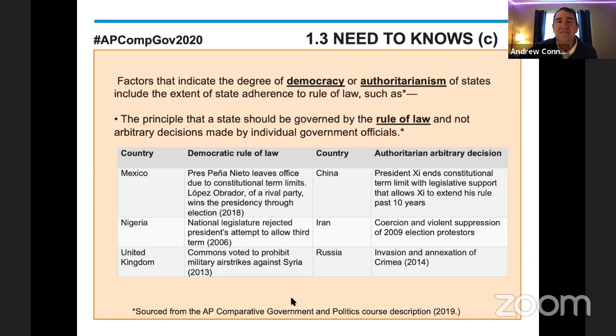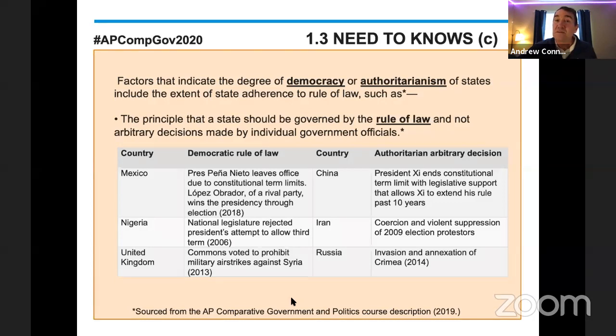So in the case of a democracy, we tend to say that not only does the law matter, because obviously in an authoritarian government, you have citizens who obey the law too, because they're worried about being persecuted for breaking the law. But in a democracy, those laws tend to be more transparent. The way those laws are made are put through a process, in many cases a legislative process, or they're announced publicly.